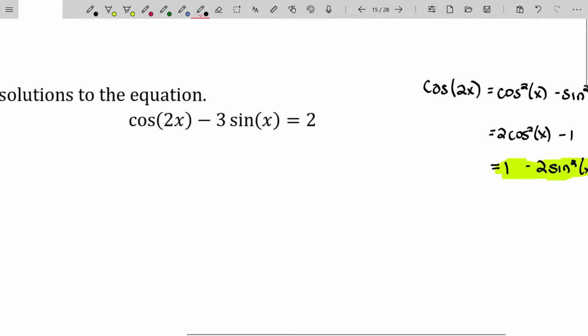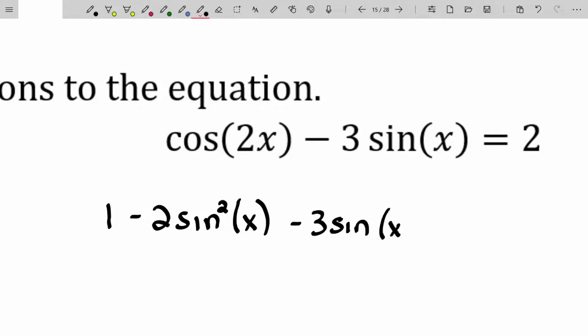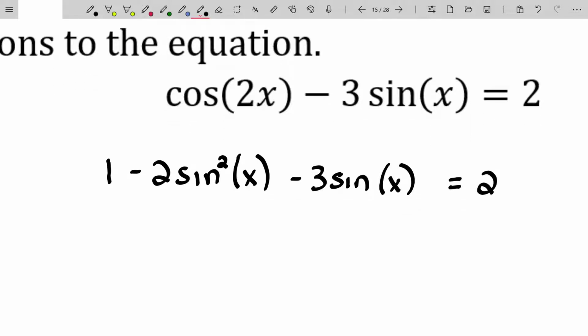So that's what I'm going to do here. The cosine of the double angle, I'm going to trade out for a 1 minus 2 sine squared of x minus 3 sine of x, and then equals 2. I will go ahead and subtract 2 from both sides, and then I'll also multiply everything by -1.